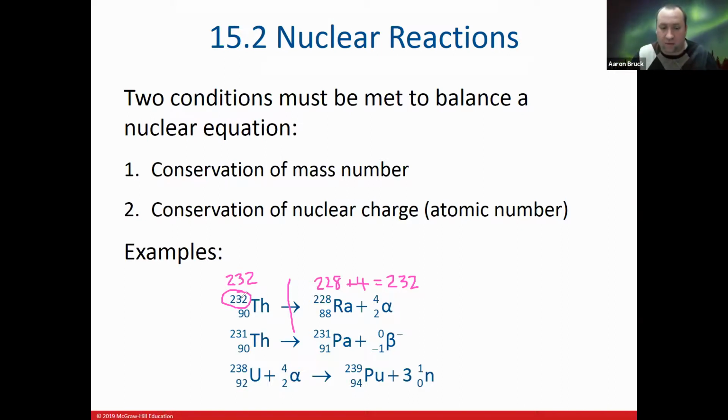It is equal now. On the bottom side, I would have to do a similar kind of look at the thorium's atomic number and compare it to what is on the other side here. So thorium has an atomic number of 90. I can see that 88 of it is in the radium, and the other 2 is in the alpha particle. 88 plus 2 gives me the 90 that I was seeking on the other side.